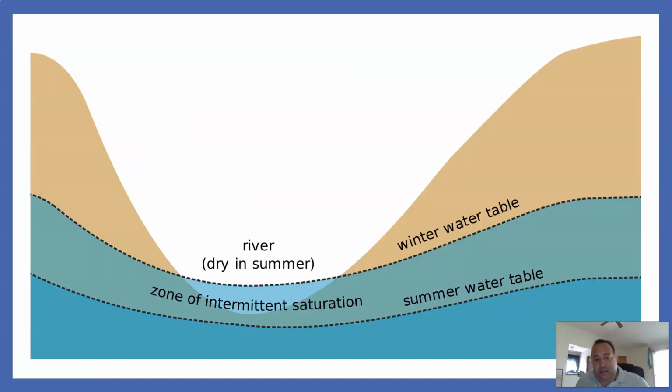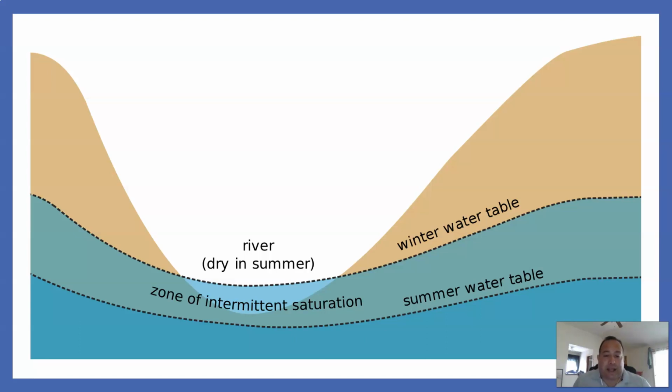When we're talking about intermittent streams, the idea of the water table is that it can change and it's not going to stay the same. It depends on the amount of water in the soil, how fast water is getting into the soil, and also nowadays, with what we use water for, how much water is getting pulled out of the soil. In this graphic, we have a zone of intermittent saturation.